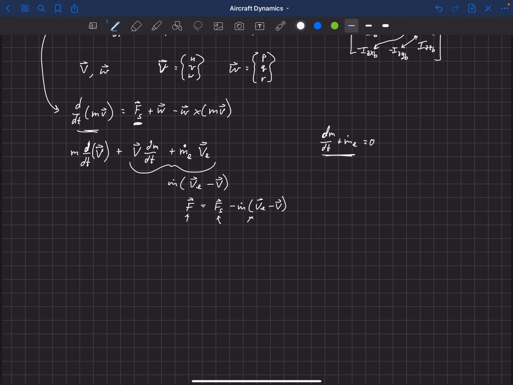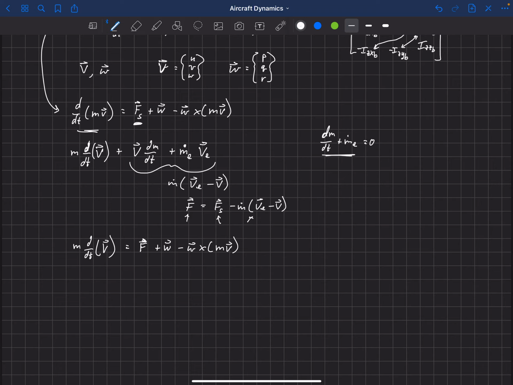Okay, so now the left-hand side of this equation has simplified quite a bit. So we're going to get m times d dt of V is equal to, and now for this term right here, I've used this term for the left-hand side because we're moving this stuff over into this term here. So that's going to be equal to the total aerodynamic force vector plus our weight vector minus omega cross mV.